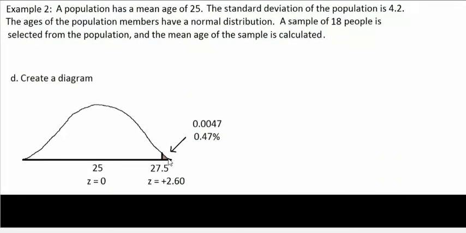So the shaded area is just the area that we're focusing on. And the answer is 0.47%. So what this is just saying is, in this situation, there's a 0.0047 probability of the sample mean coming out above 27.5 and ending up somewhere in this brown area right here.